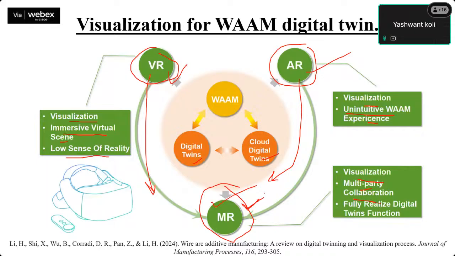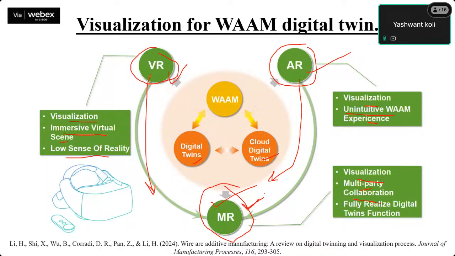In recent papers, many researchers working on MR are justifying that this is the best suited for WAM digital twin. It is also proved that using MR for WAM creates very good combinations, a very good product, and the visualization is very good.